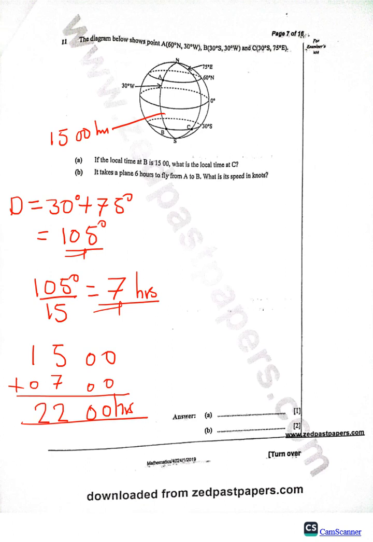Okay, so now let's move on to B. It takes a plane 6 hours to fly from A to B. So from A to B, 6 hours. What is its speed in knots? For us to find speed, the formula for speed is equal to distance over time. Now time is given as 6 hours, so we need to find the distance. Now let's look at the formula. Distance is equal to theta over 360 times 2 pi r.